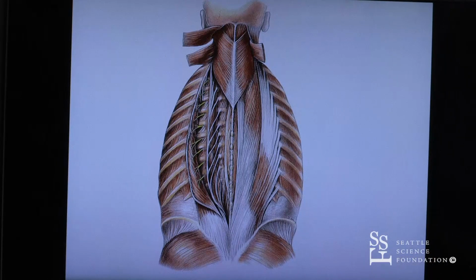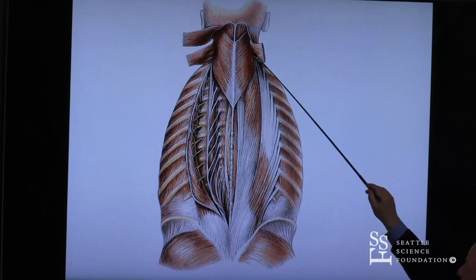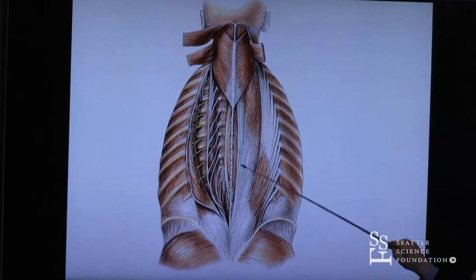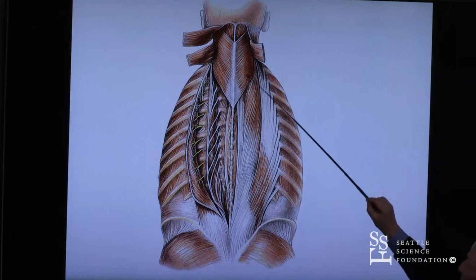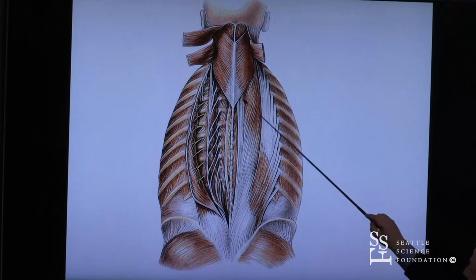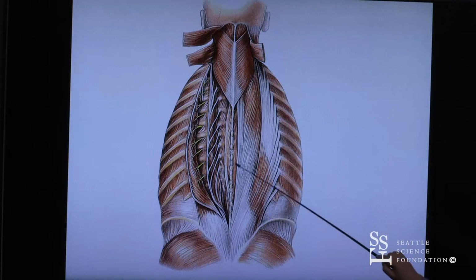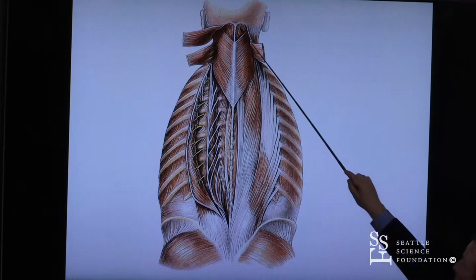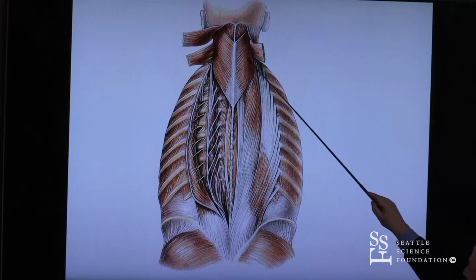So one part will, for example, if we start off with the iliocostalis, it has a lumborum part, a thoracic part, and a cervical part. The longissimus doesn't have a lumborum part. It has a thoracis part, cervical part, and then a capitis part that I'll show you. And then the spinalis is said to have a thoracic, a cervical, and a capitis or skull base part.